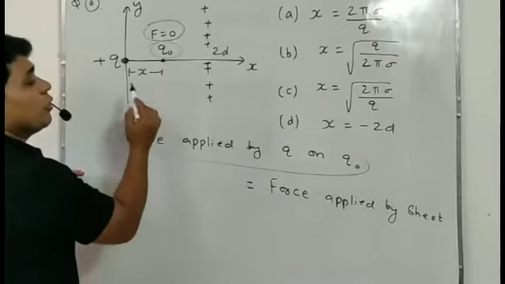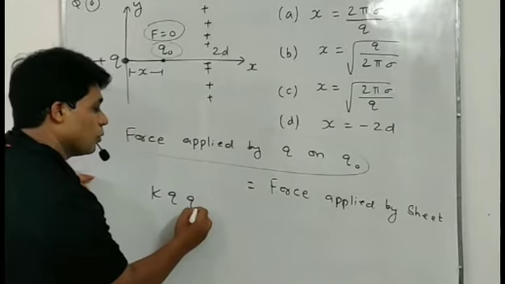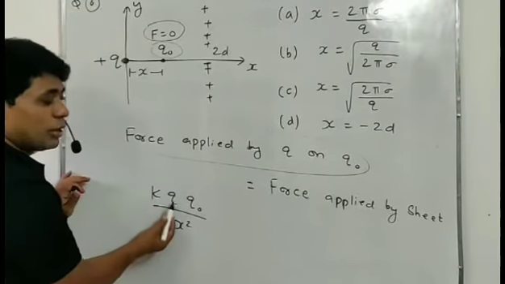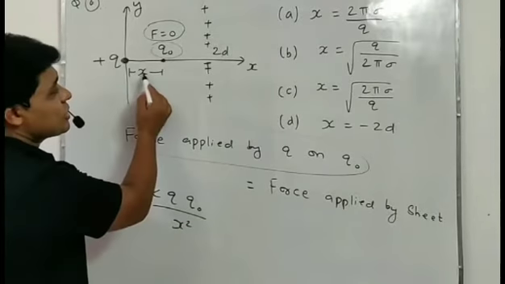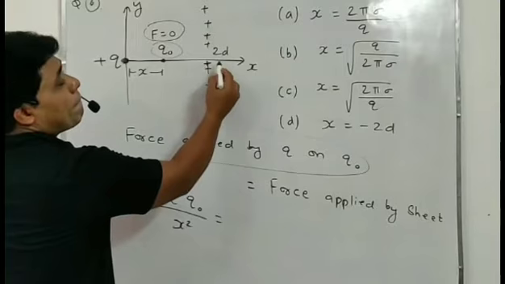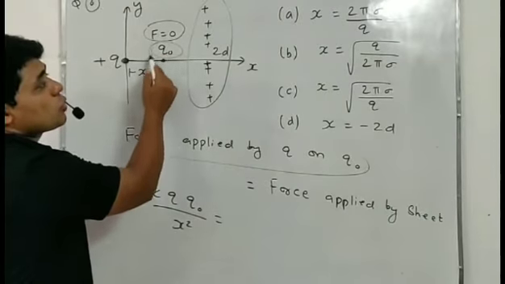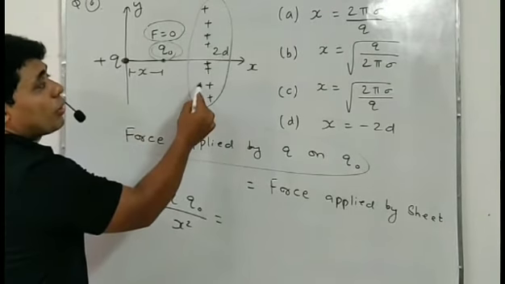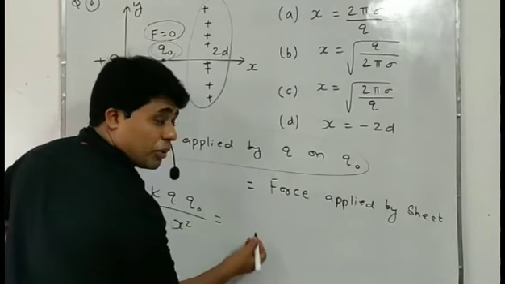Force between two charged particles by Coulomb's law is k q1 q2 by r square. So we'll take the distance as x square: k, q1 as q, q2 as test charge q naught, and distance x square equals, look students, this sheet, this lamina will exert force on this.